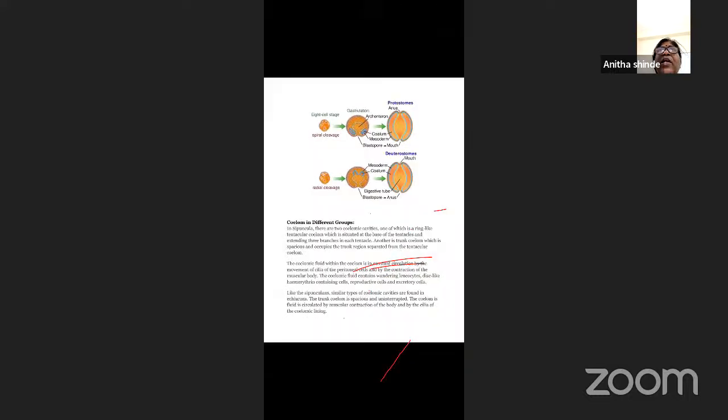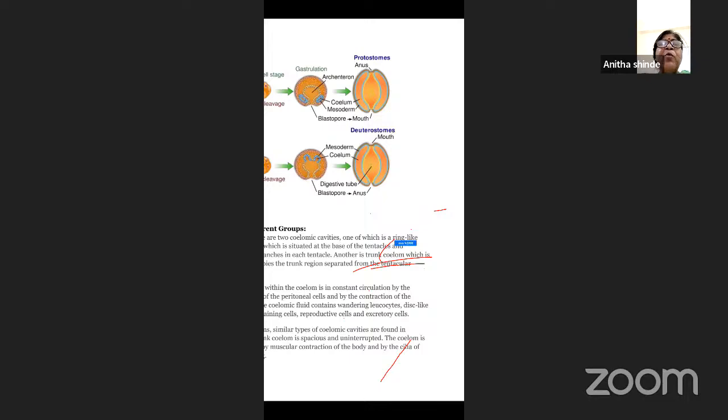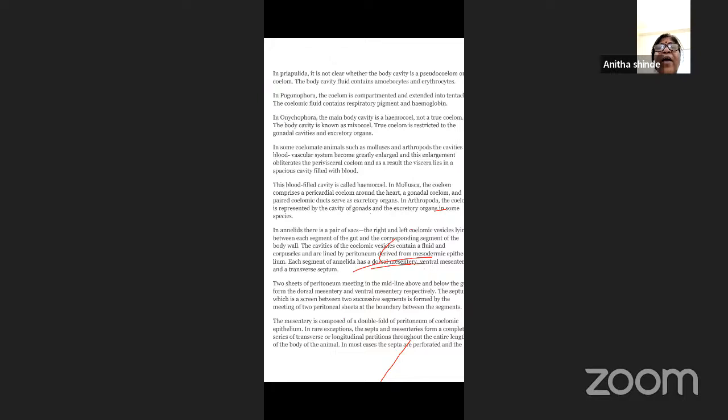See here, coelom in different groups of animals. In general, we can talk about the different theories and how it is present. And if you want, you can go with different groups, the presence of the coelom and how it is in different groups. Starting from Sipuncula, then later on Priapulida, then Pogonophora, then Onychophora, then you have annelids, mollusca, arthropoda.